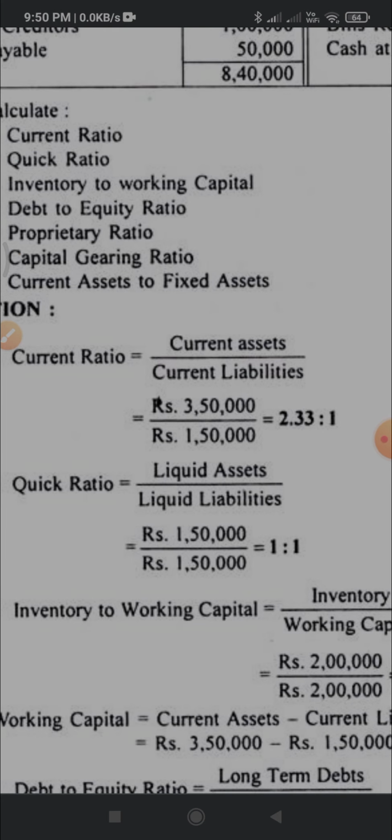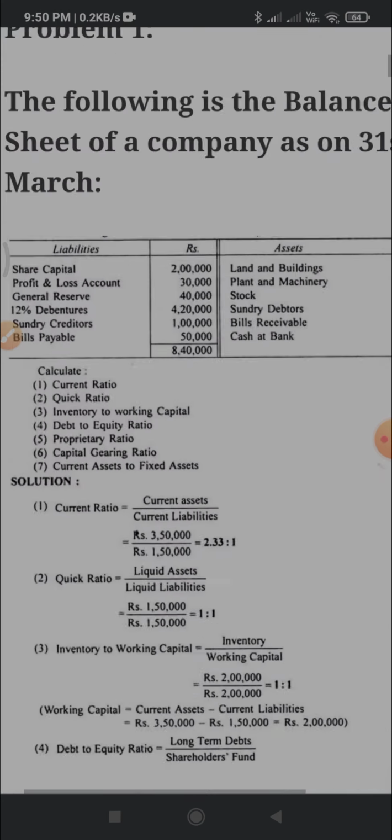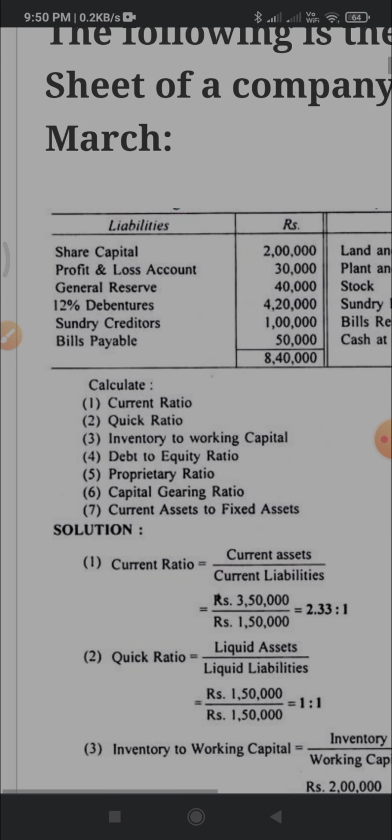Next, the question asks to calculate the quick ratio. So what is the difference between current ratio and quick ratio? In current assets, if you do not take stock into consideration, then it is called quick assets.